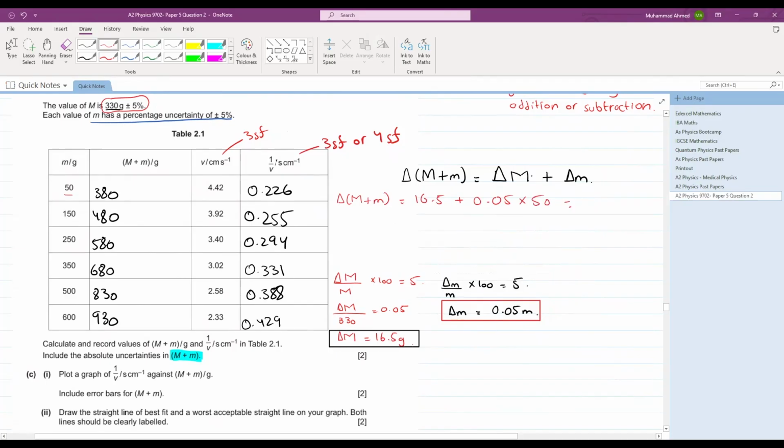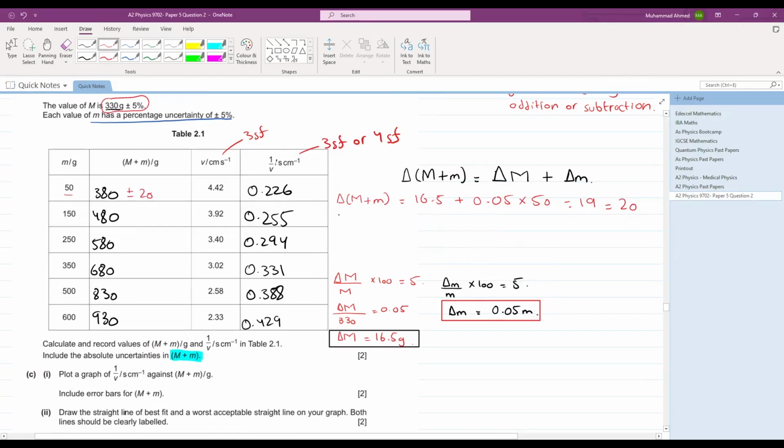Let's calculate it. 16.5 plus 0.05 into 50. One second, my bad here. This gives you an answer of 19. And if you convert 19 to one significant figure, this will become 20. So you will write plus minus 20 here.